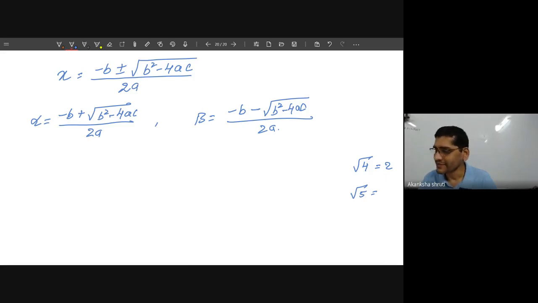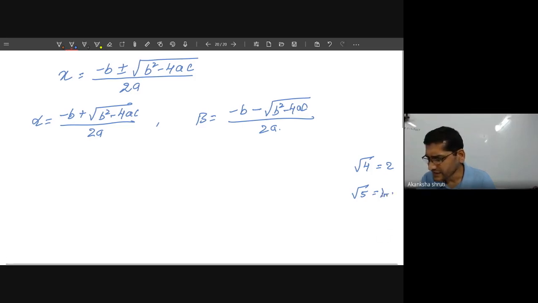It will give some decimal value, though that decimal value will not be terminating, nor recurring, since it is an irrational number. But if during calculation you get something like under root of minus 4, can you calculate what this value is?